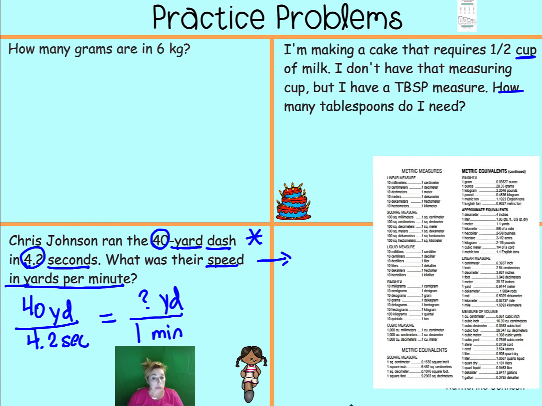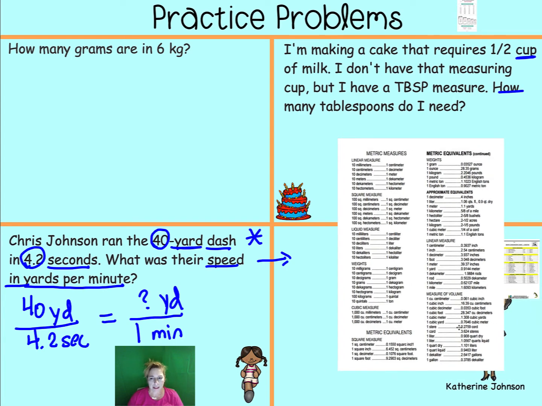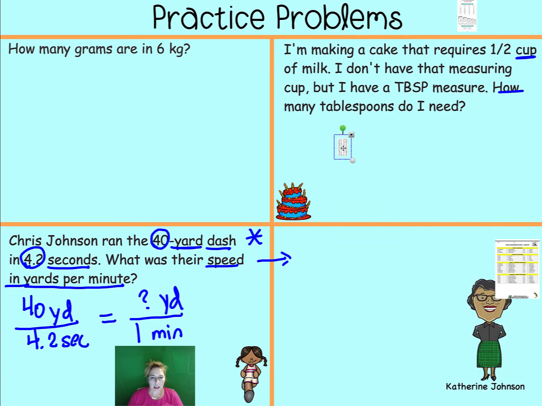So, do you know? Hopefully you do. Okay, so none of these handy dandy little charts have anything about time. So let's remember, how many seconds does it take to make a minute? You're in business if you said 60 seconds. Okay, so 40 over 4 2/10 seconds.